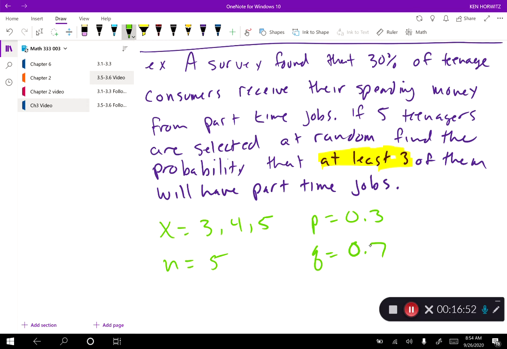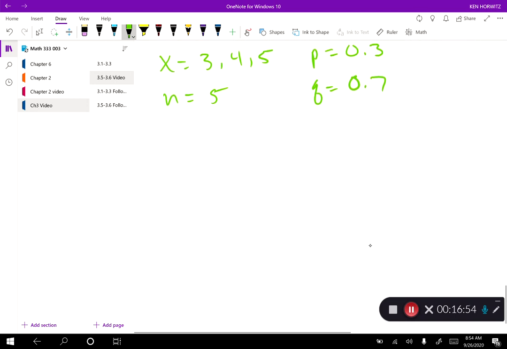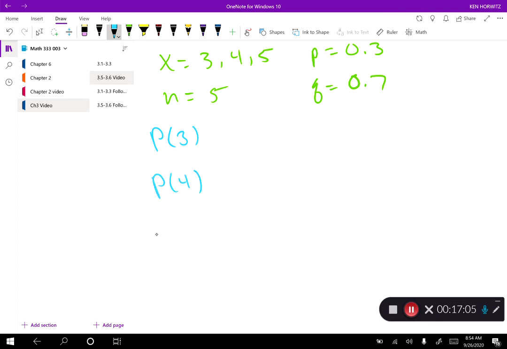But the difference is that I need to do this formula multiple times. I need to do the probability of 3, the probability of 4, and the probability of 5 because it said at least 3. All right, so why don't you pause the video and write out each formula and then we'll talk in just a minute.